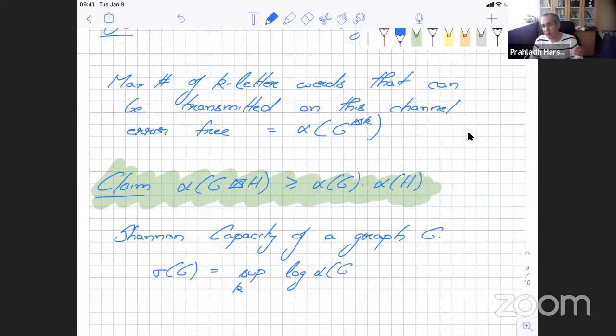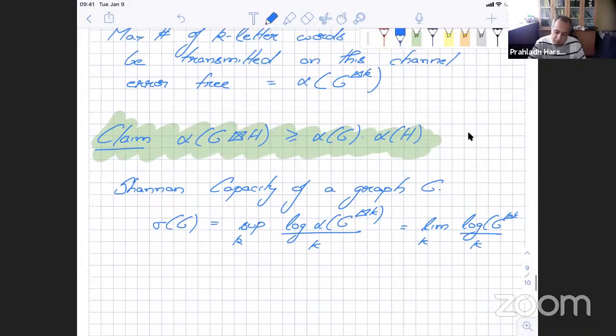The number of words you can send is alpha G tensor K, so the actual quantity is the log of it, but because you're dividing by K, you're amortizing it. Because of the previous claim, this can actually be shown to be the limit as K tends to infinity of the same quantity. This is not hard to see. And this is what is called the Shannon capacity of a graph.